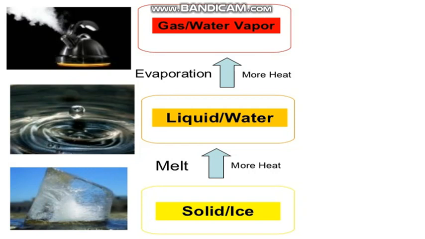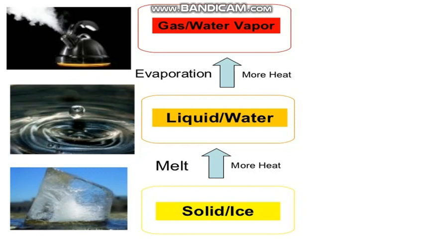So it means by changing the temperature, the state of matter will change. You take an ice cube, it is solid, you heat it, it will change its form to liquid, water. Water is a liquid. If you again heat the liquid, what will happen?